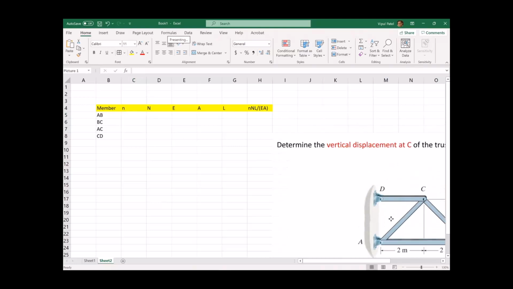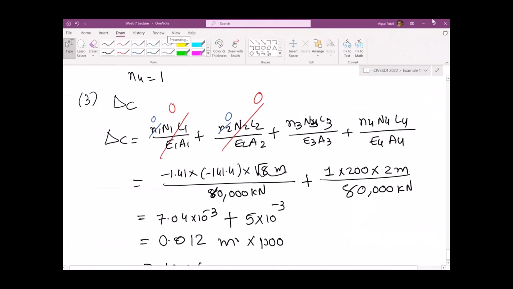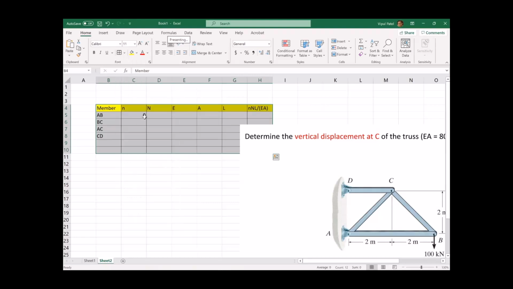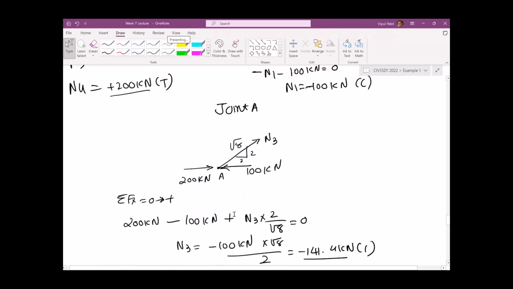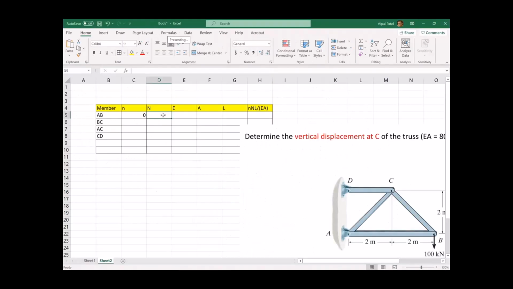AB is member 1, small n1 is 0. Let's put 0 here. Capital N1 is how much? For capital N1 we got minus 100. Young's modulus, and this one we keep.